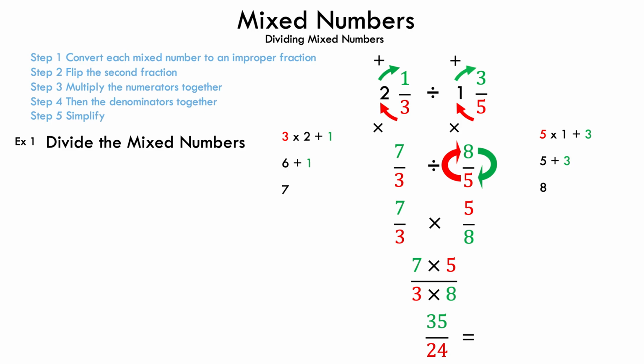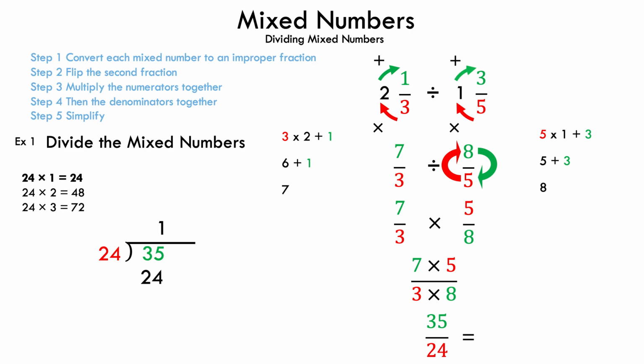Now we're not done yet because the two numbers in the question are mixed numbers. So we need to convert it back to a mixed number. And in order to do that, we need to use long division. So let's go ahead and write down the multiples of 24. So we can pick the closest multiple of 24 to 35 without going over.